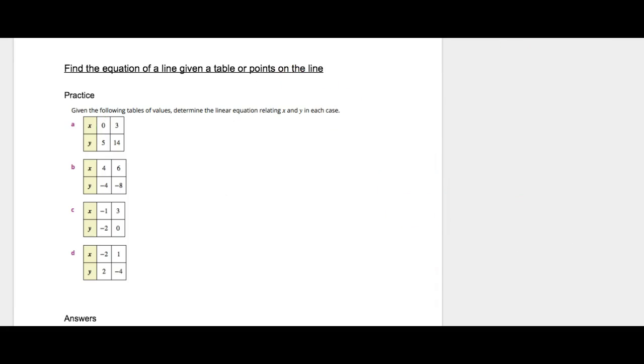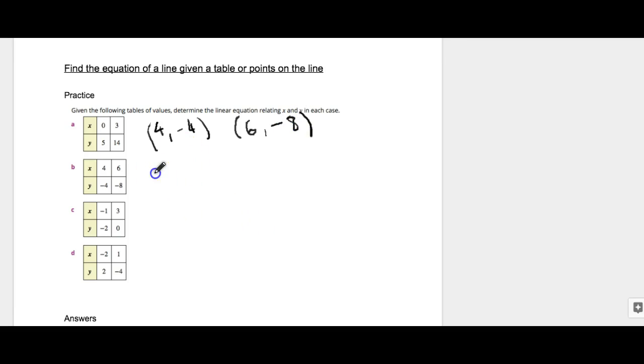Let's go on to the next question. So question B. Let's write the first points. Now, you can pause at any stage if you want to do any part yourself, but I'm going to write exactly what I did before, do the whole question. So 4, -4 is 1 point, and 6, -8 is another point.